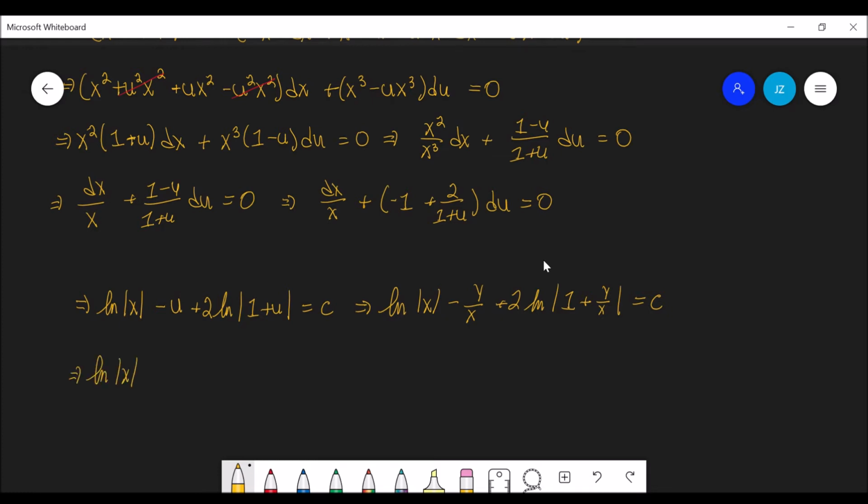So let's simplify some more. So we get log absolute x minus y over x plus 2 times the log of the absolute value. We're going to write this as a single fraction, so we get (x plus y) over x is equal to c. Now applying law of logs, we can write that final log as the log of (x plus y) squared all over x squared is equal to c.